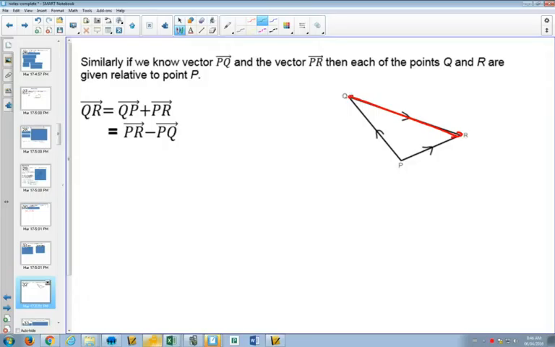I'm going to have to go from Q to P first. And then I'm going to have to go from P to R. Now I would probably write this Q to P is negative P to Q plus P to R. But again, in most formulas, they're going to write the subtract one second.